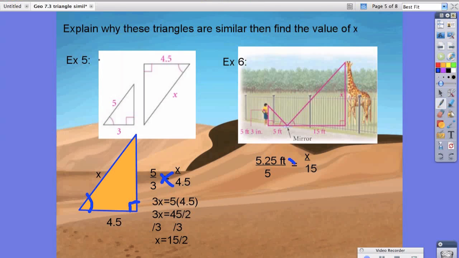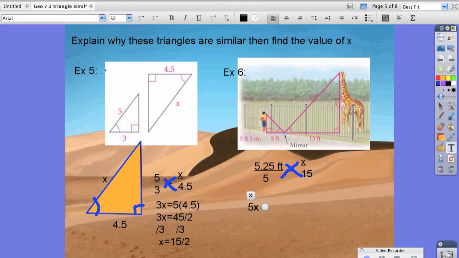We're going to do a quick cross multiply. We're left with 5x equals 5 1/4 times 15. Divide by 5 on both sides. We get 15 3/4 as the height.